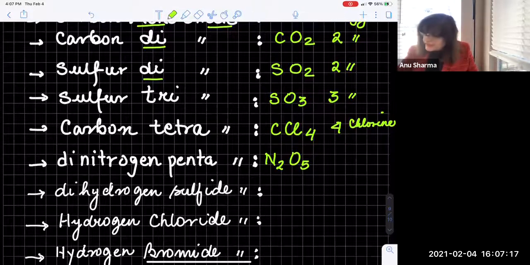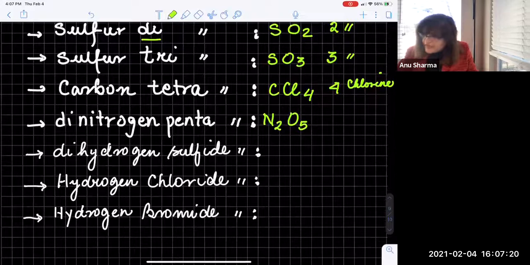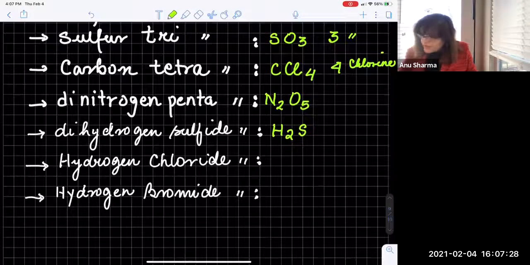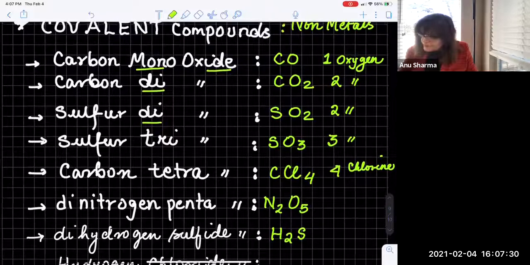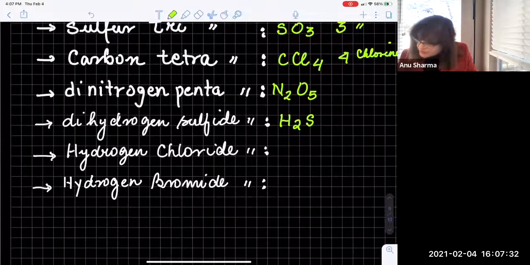Dihydrogen sulfide is H2S. Hydrogen chloride. Oh, sorry, I made this here. This shouldn't be oxide here, dinitrogen pentaoxide.